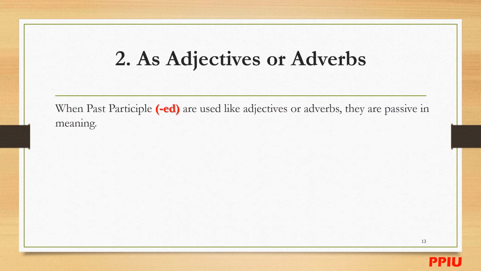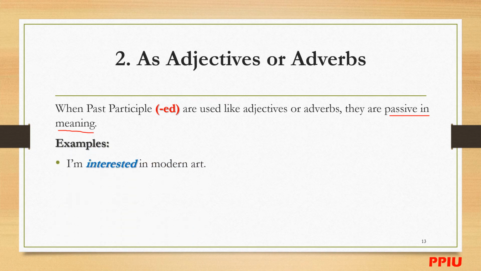Okay, talking about the meaning, the past participle, when it acts as an adjective or adverb, is passive in meaning. Passive in the meaning. For example, I'm interested in modern art.